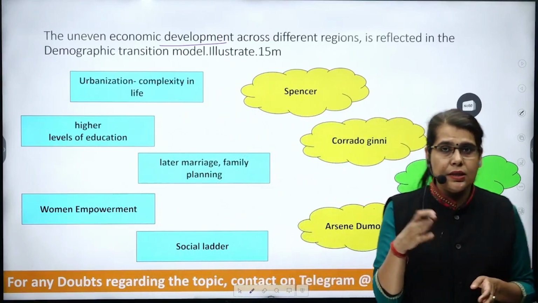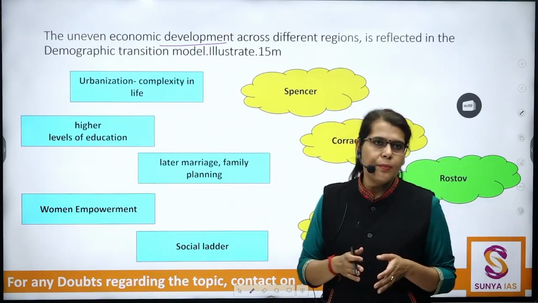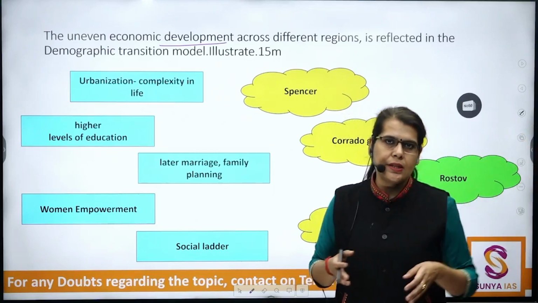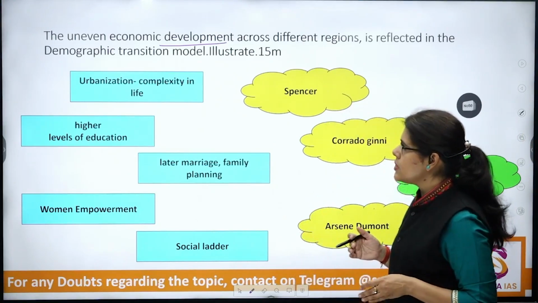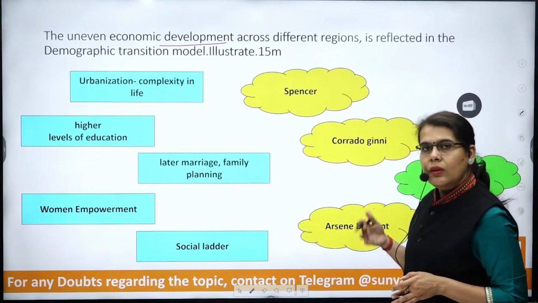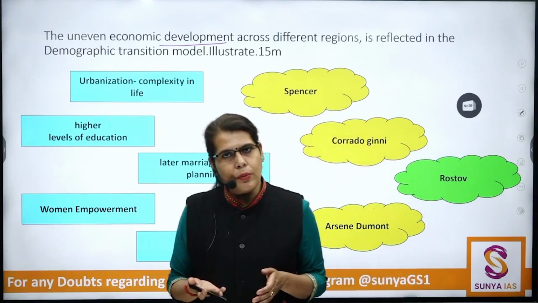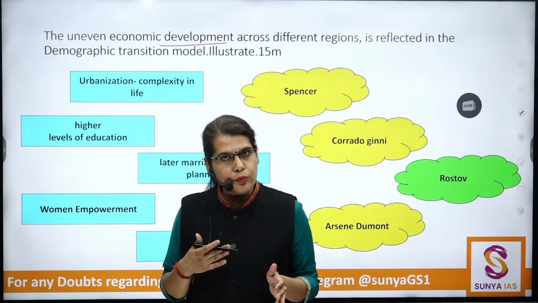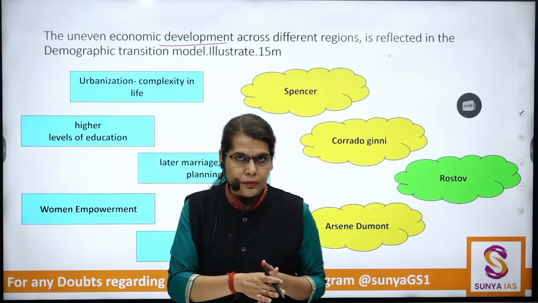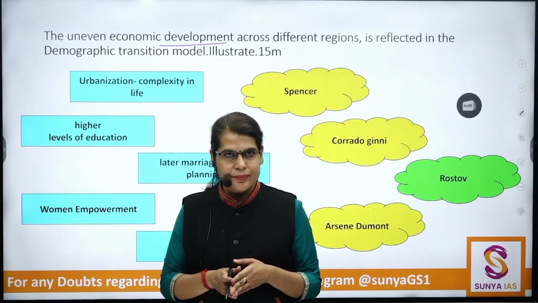And hence, this is also the stage where there are a number of complexities in life. And whenever the complexities in life increase, the fecundity decreases. Okay. Then higher levels of education. Whenever we are talking about higher literacy rates, and also prominently because of improvements in the literacy rates, that is shown in the higher participation rates of women in the labor force.